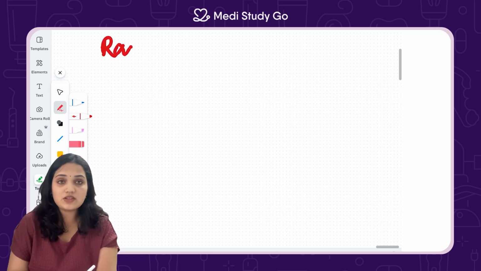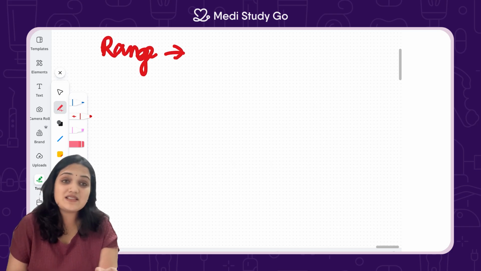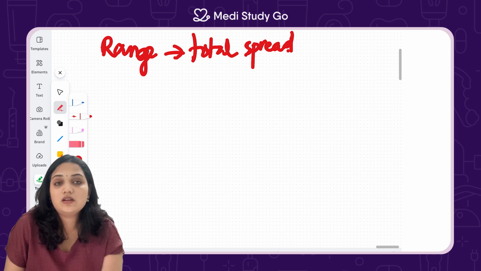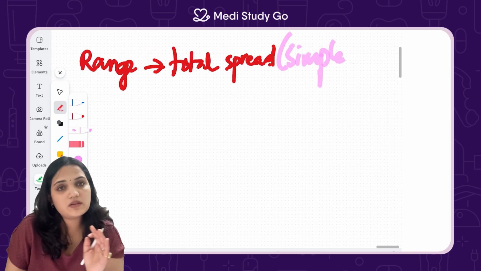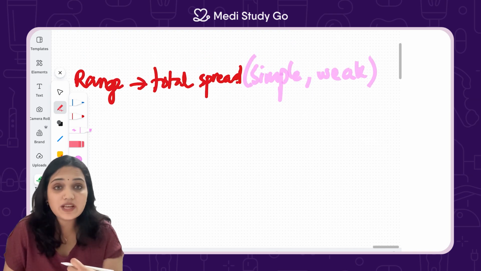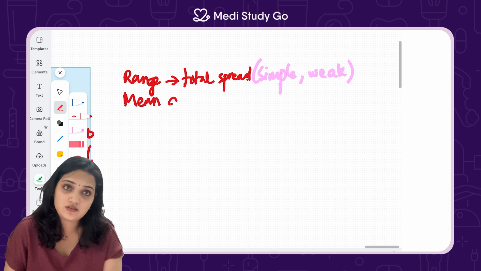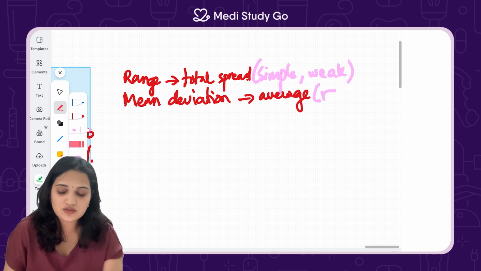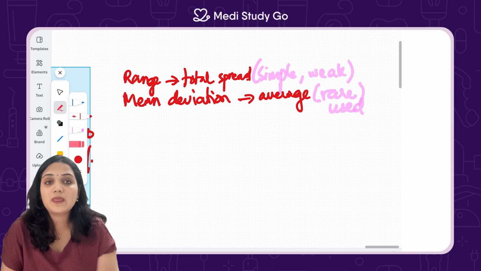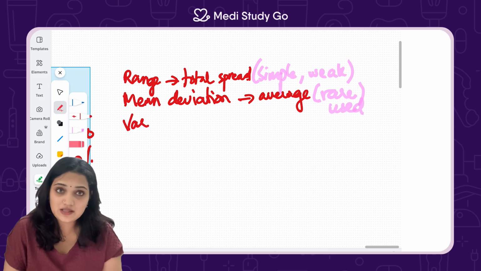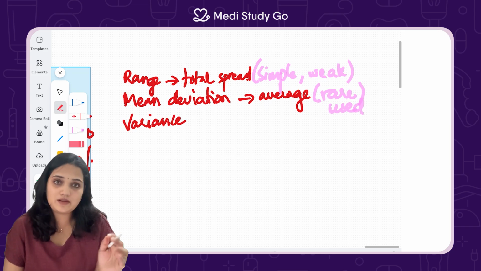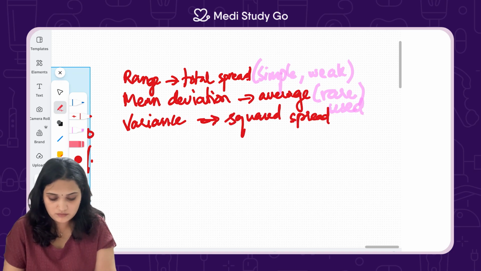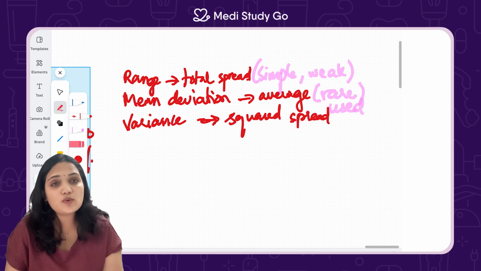So let's just do a quick summary for our understanding. First up, what is range? We have learned that it tells us the total spread. The range is simple, but it is weak. The next we have learned about mean deviation. This is an average distance, but it's rarely used. And then we learned about variance, which is the squared spread. But that also is the problem.